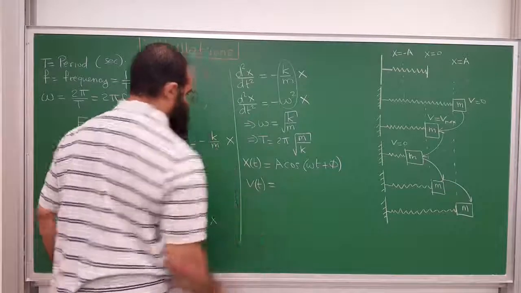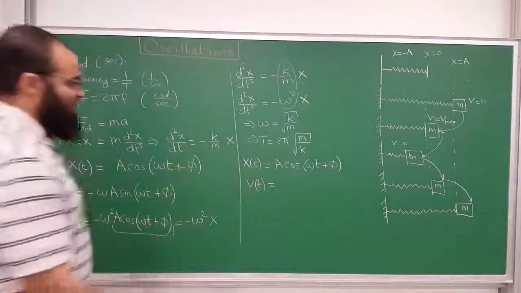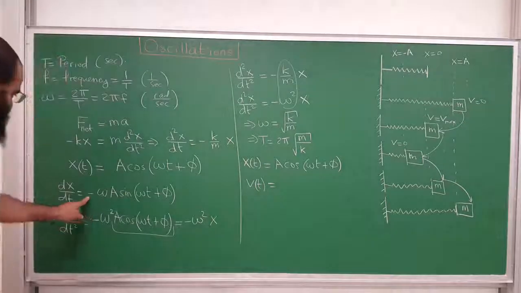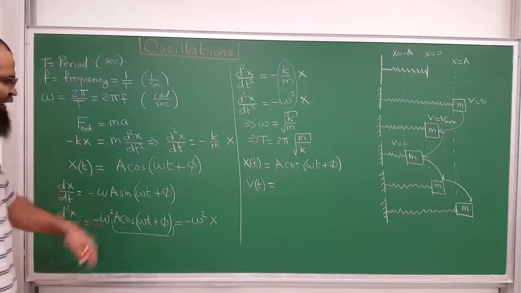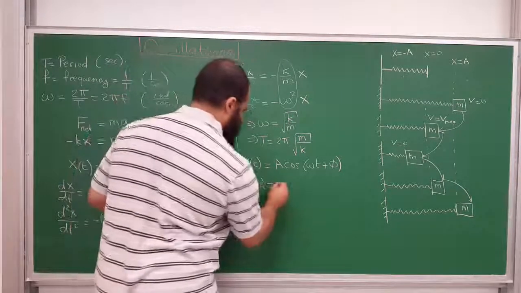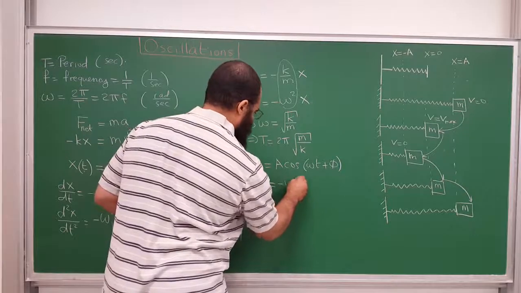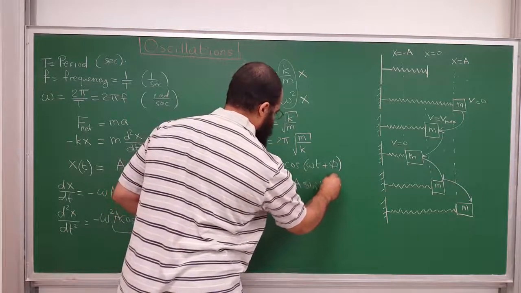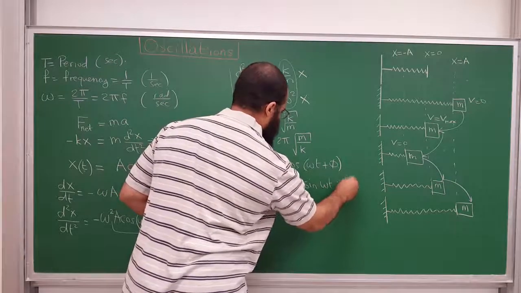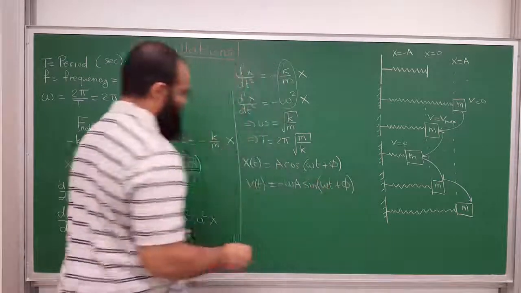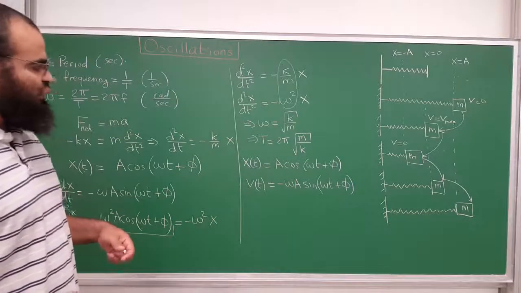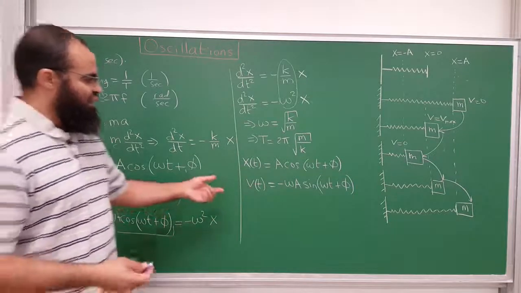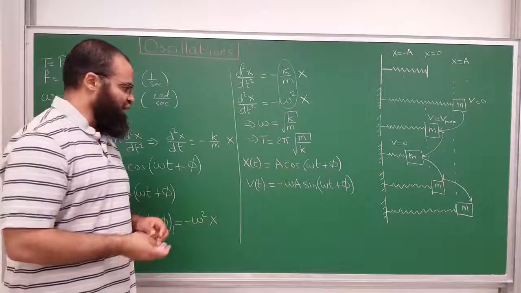V of t will be the derivative of this, and we did this already. It's negative omega A sine of omega t plus phi. And I want to show you in a moment how to use this to calculate things.